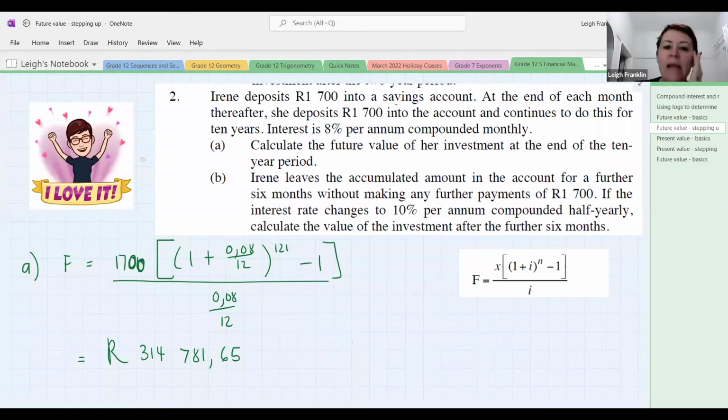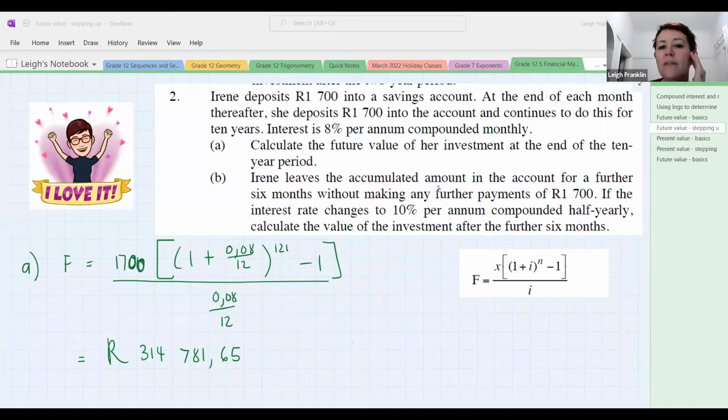All right. Is everybody all right with the idea that there were 121 payments of 1,700 Rand? Does that make sense to everybody that it was 121 payments and not 120 payments? Yes, Michelle, right answer.